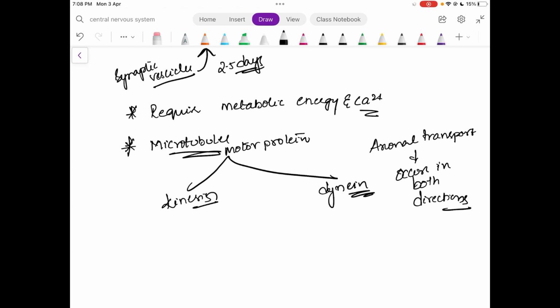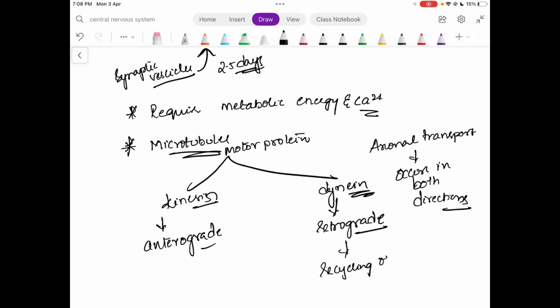Kinesin will help in anterograde, that is forward transport, from the soma, the cell body, through the axon to the axon terminal, the synaptic terminal. Dynein will do retrograde transport, that is recycling of synaptic vesicle.